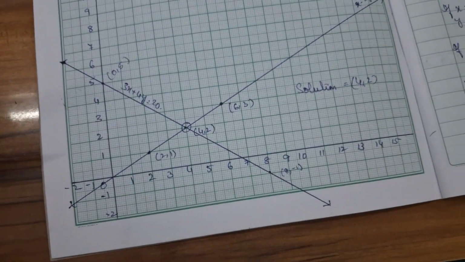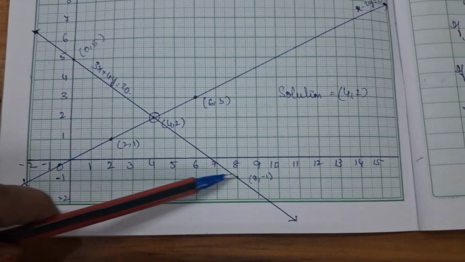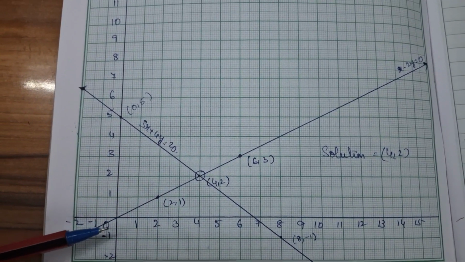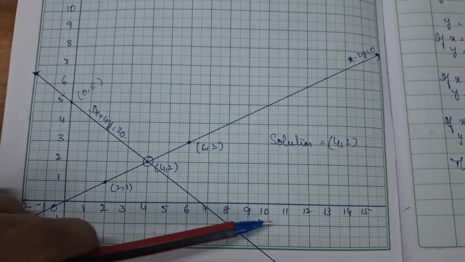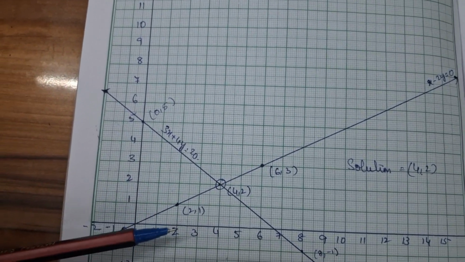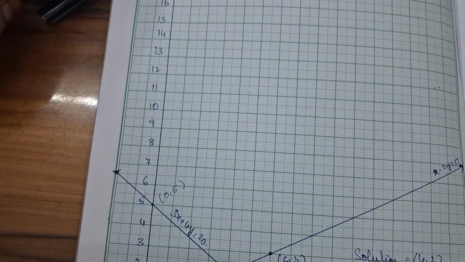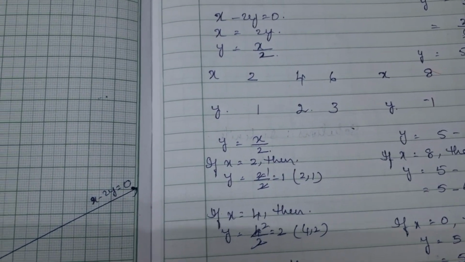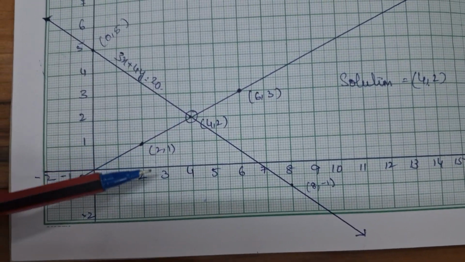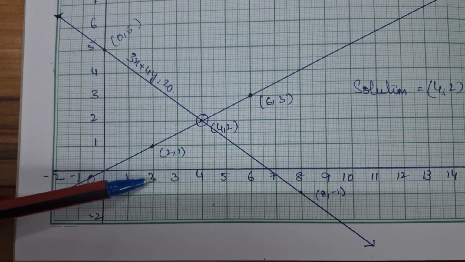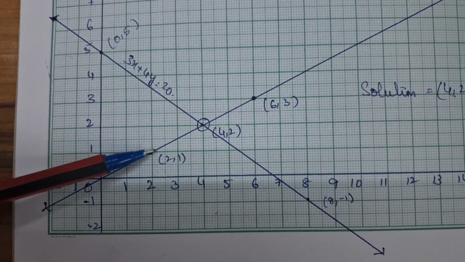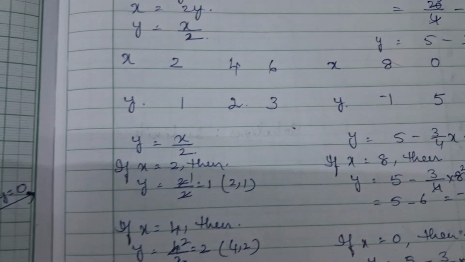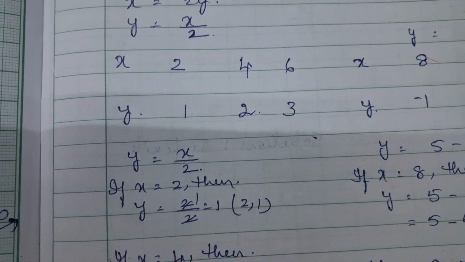Now, see here. 1 unit means 1 centimeter, 1 unit means same, 1 2 3 4 numbers I have to write on x-axis, and the same way on y-axis. So what is the ordered pair? I have got 2 comma 1. So on the x-axis this is 2 and y-axis 1, and the next one that I have got, 4 comma 2.